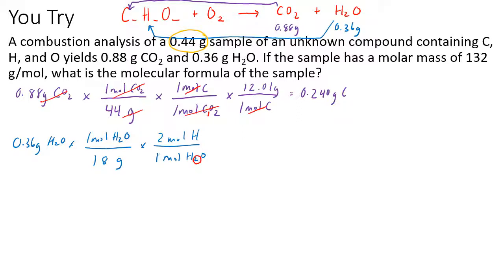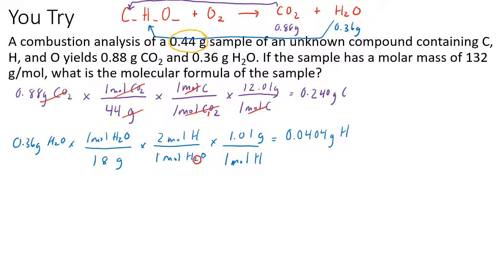And then converting our moles back to grams, 1 mole of hydrogen is about 1 gram per mole. And so our mass of hydrogen in our sample is about 0.0404 grams of hydrogen.